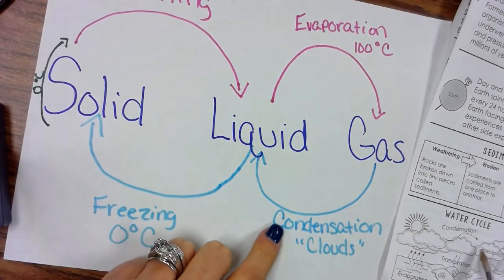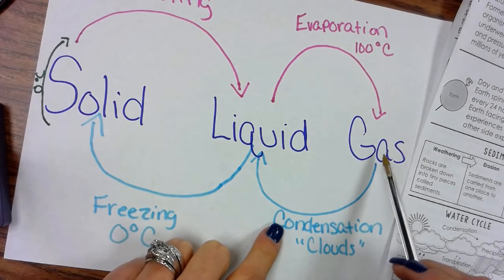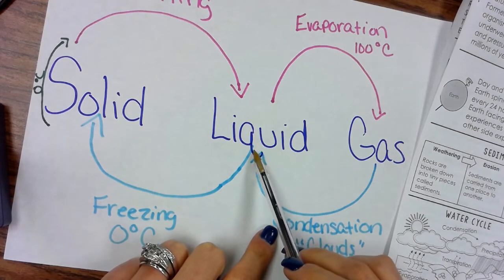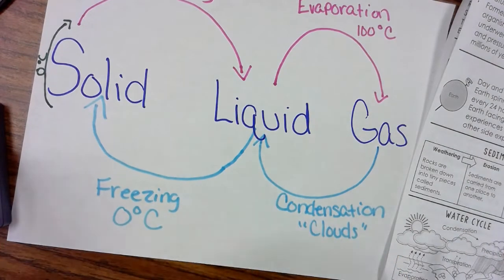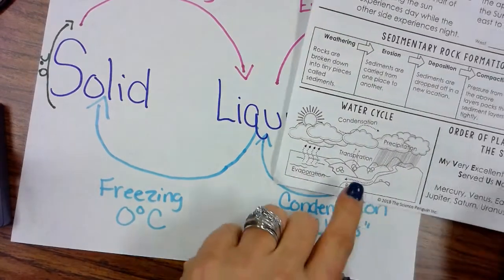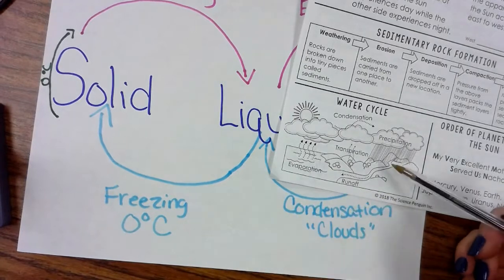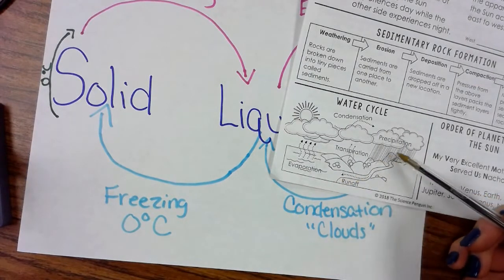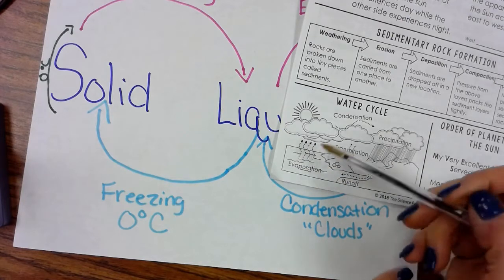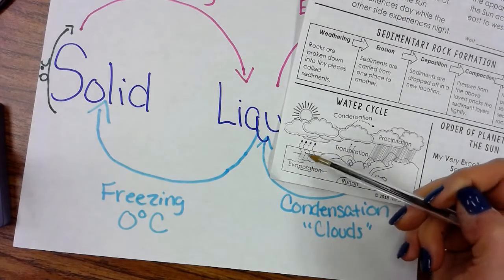And what happens when that cloud gets so full it can't handle anymore? Precipitation. So then that gas is turning back to a liquid. Maybe a little correlation there. All right. And then after precipitation, you've got runoff, where the water just runs off and it comes back into the oceans or the lakes. And then it collects there until it's evaporated by the sun.